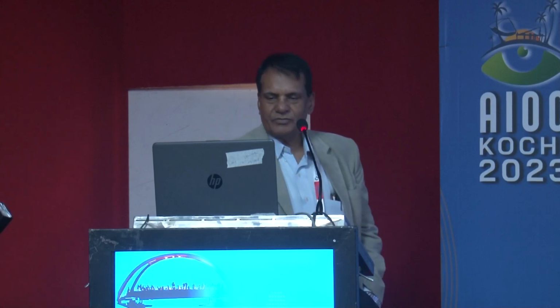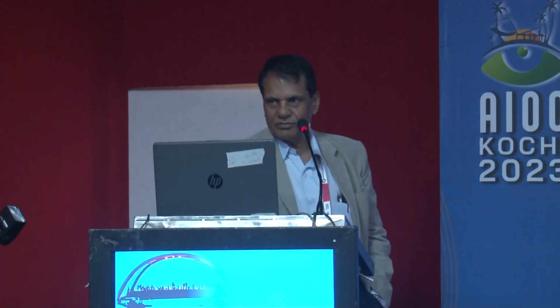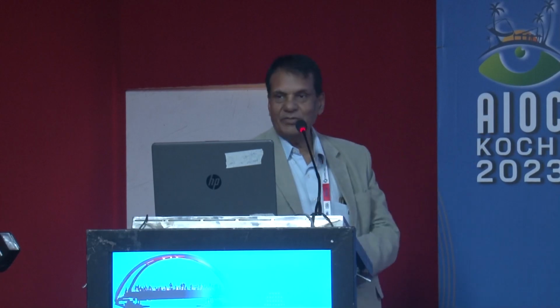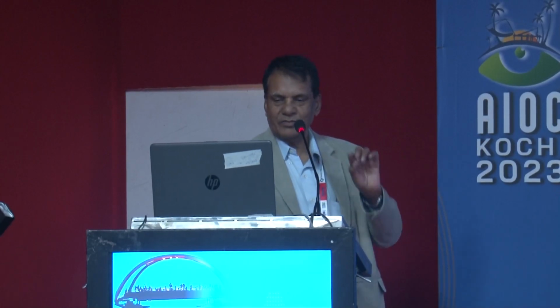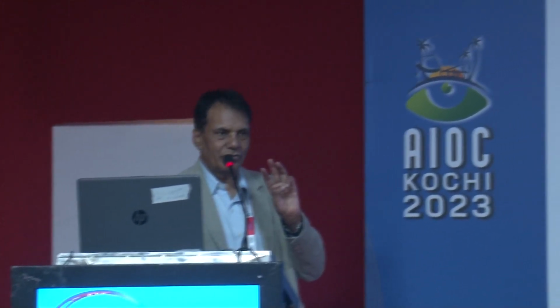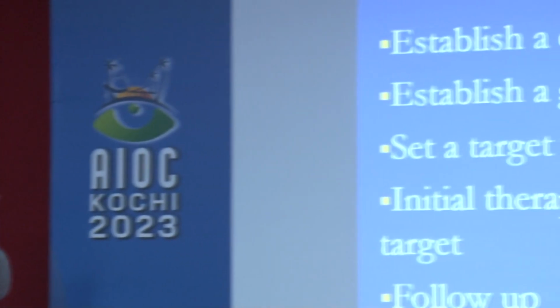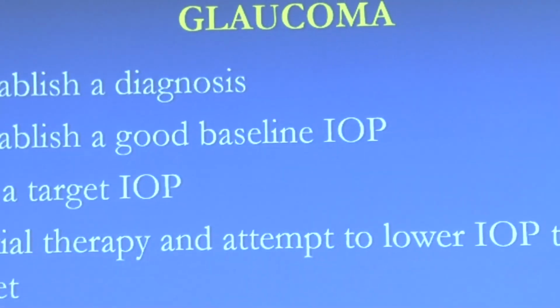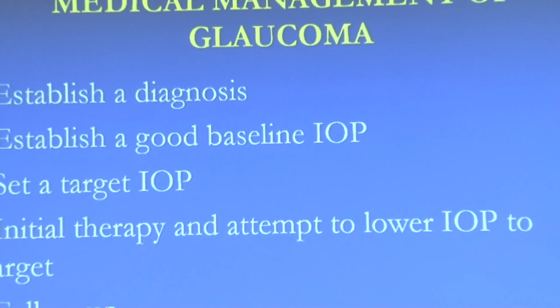So for medical management, first of all, establish a diagnosis, which was very nicely covered by Dr. Manavdeep. Establish a good baseline IOP. Basically, you have to create four baselines first. One is intraocular pressure, because with that you will judge the efficacy of your intervention.